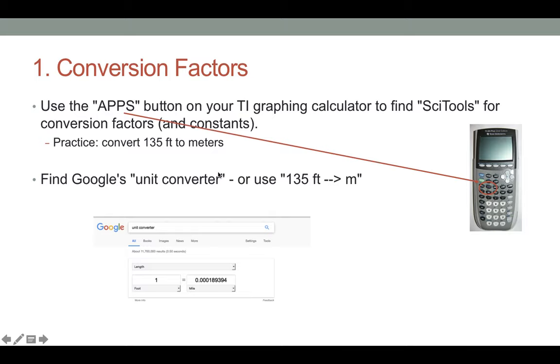After you've done that, open a web browser on your computer and take a look at the unit converter on Google. You can access that either by just searching unit converter, or if you want to specifically convert, for example, 135 feet to meters, you enter 135 in the unit feet, then dash dash angle bracket, and then the unit you want to convert it to, meters, hit enter, and then you will also get the unit converter, but it will specifically convert the 135 feet to meters.